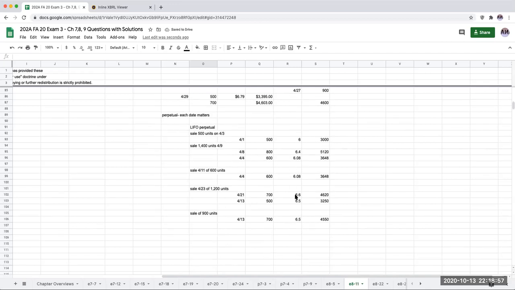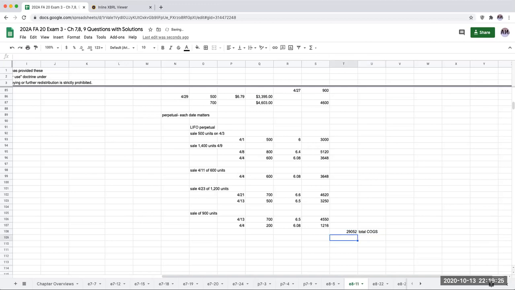So I'm taking 200 units from April 4th. And my price per unit on April 4th was $6.08 for a total cost of goods sold of $12.16. If I total these up, my total cost of goods sold is at $29,052. That's my total cost of goods sold.